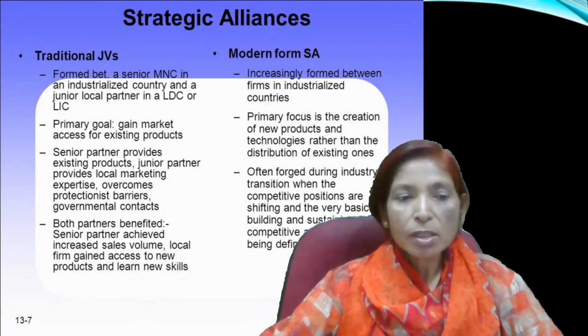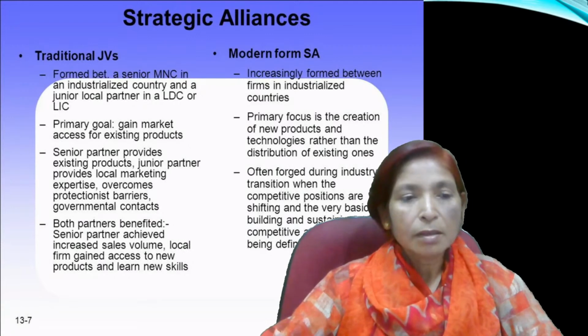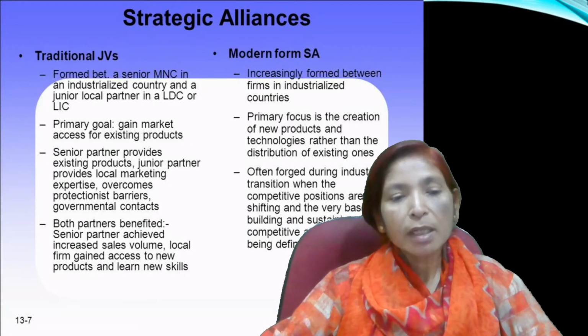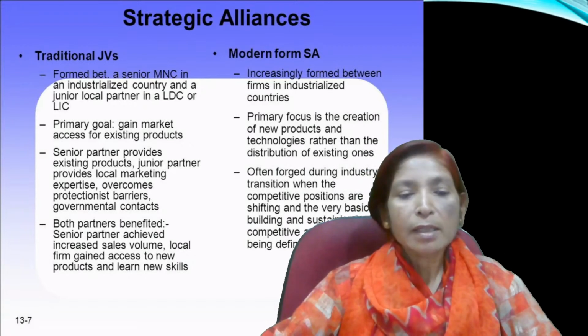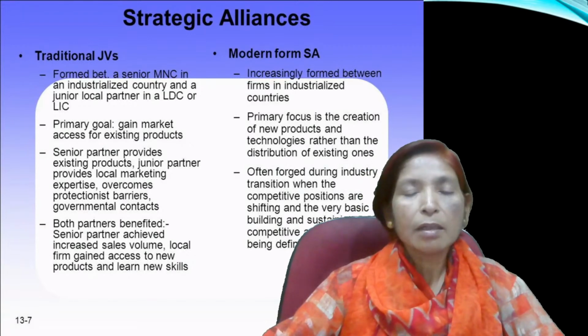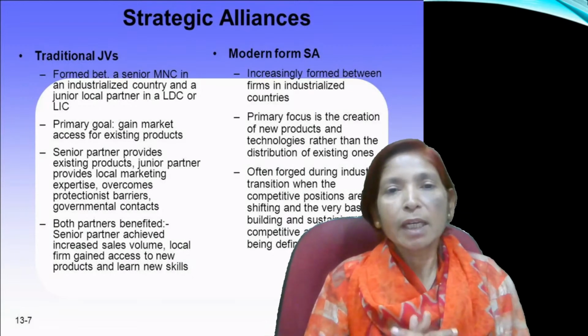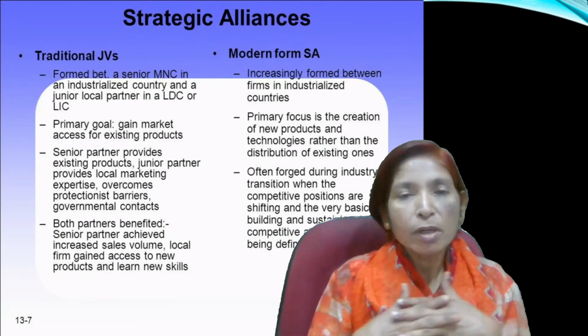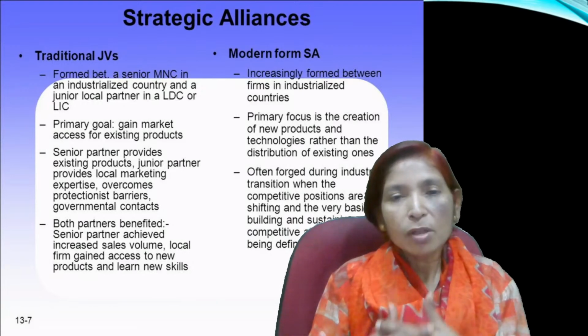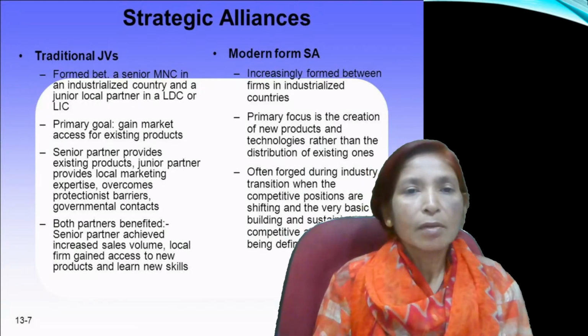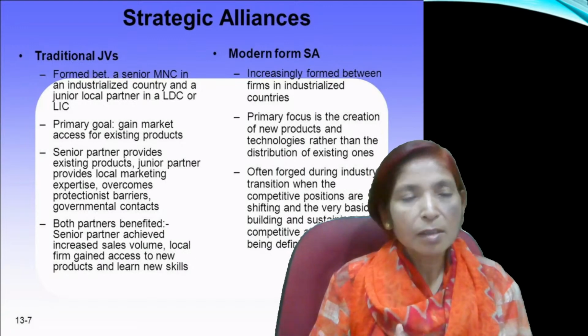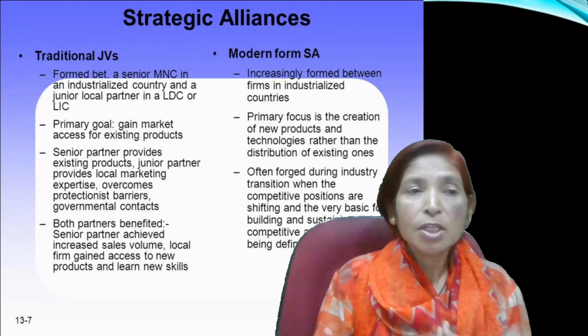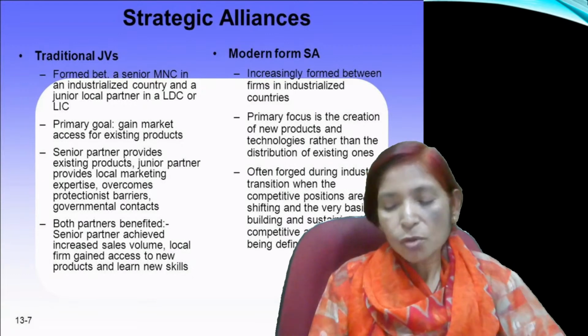In a joint venture, both partners benefit. The senior partner achieves increased sales volume, and local firms gain access to new products and learn new skills. So there are two different forms: the modern form of strategic alliances existing at present, which traditionally was known as joint venture.